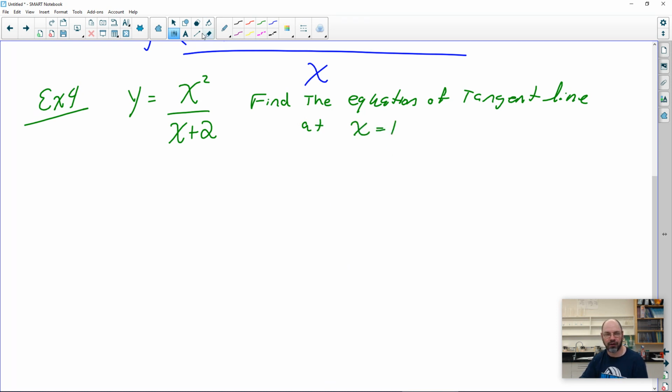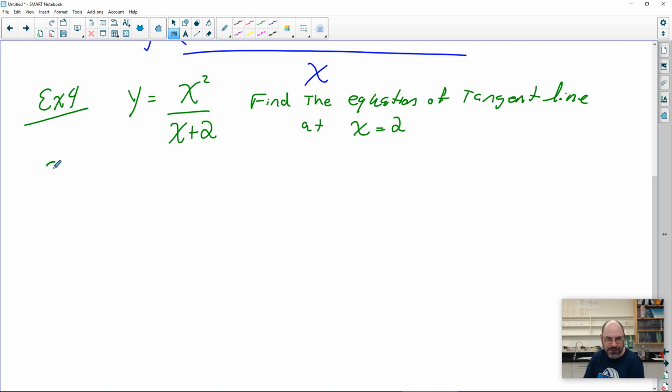Or no, that's not going to give me a nice number. x equals 2 will give me a nice number. Let's go, because if we put a 2 there, we're going to get 4 over 4, which would be nicer than if we get 1 over 1/3, which would be a little messier. Let's do it at x equals 2.